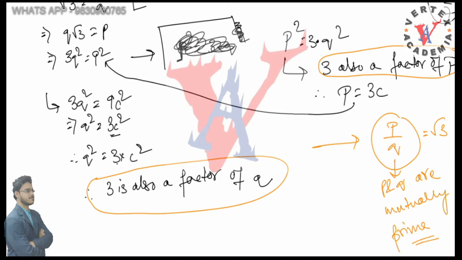Now if they are mutually prime, then there must be no common factor between P and Q. But here we are coming to a conclusion where 3 is a factor of Q and 3 is also a factor of P. Therefore P and Q have a common factor 3.